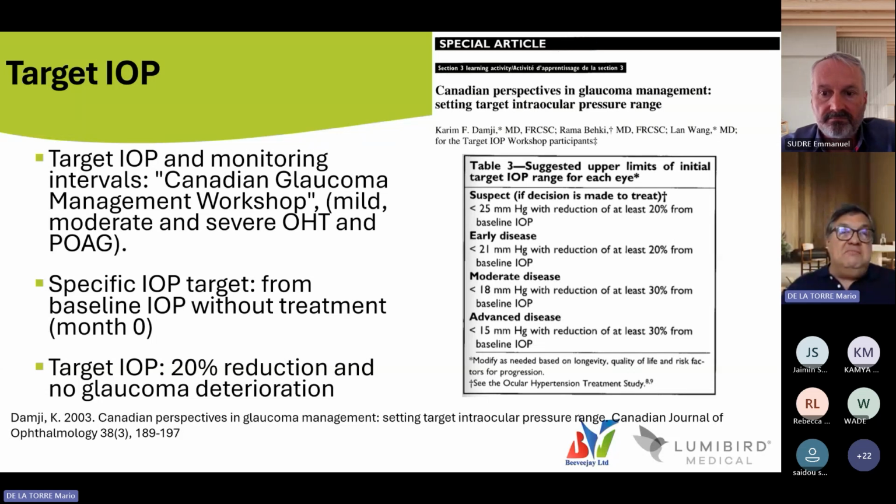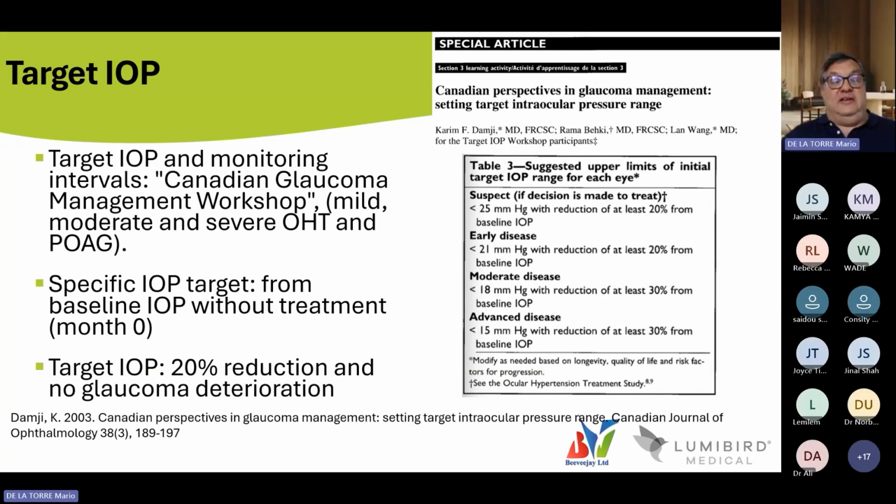But in that case, they didn't use the washout, they used naive patients. And what was the target? The target in every single measure of intraocular pressure was to reduce by 20% and to observe no glaucoma deterioration.